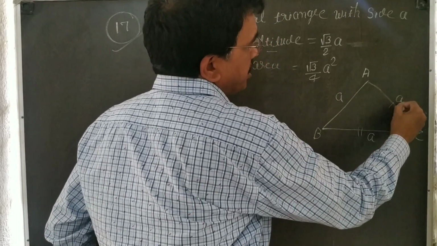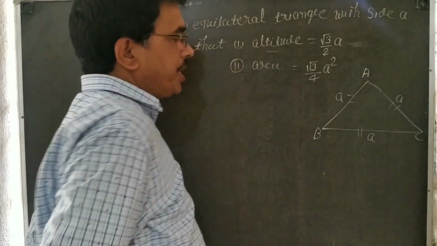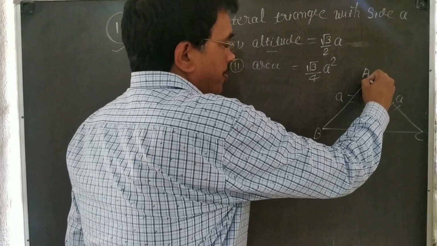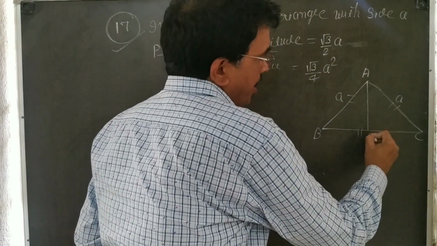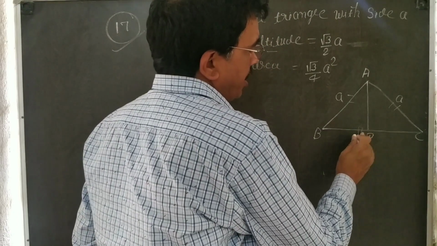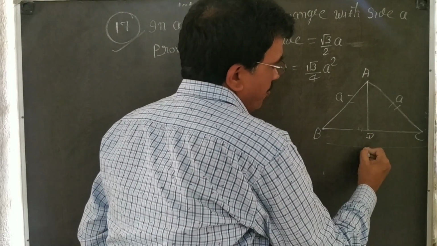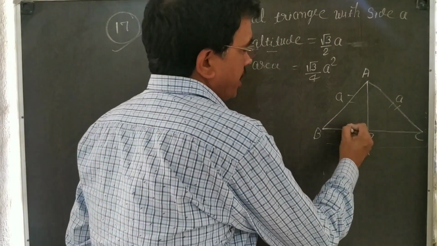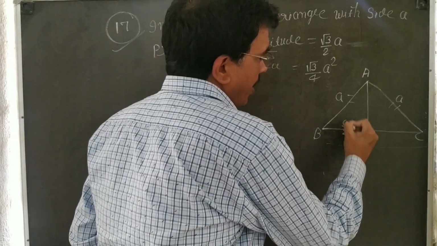Because all sides have equal length, AB equals BC equals AC, all are A. Draw perpendicular AD on BC, then AD bisects BC into 2 equal parts. So it is clear BD is equal to A by 2.